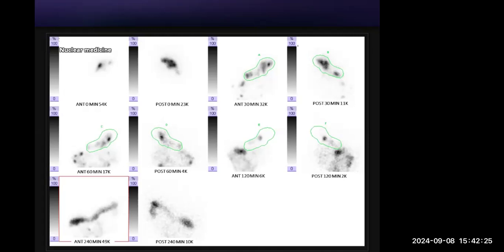I'm thinking this could be a gastrointestinal bleed with the peristaltic movement of the radiotracer. So I would like to ask for the history of the patient.